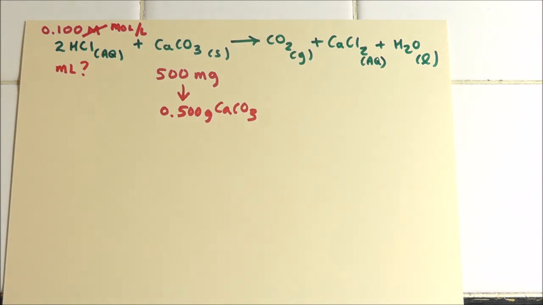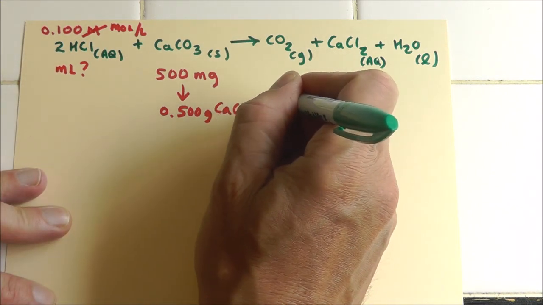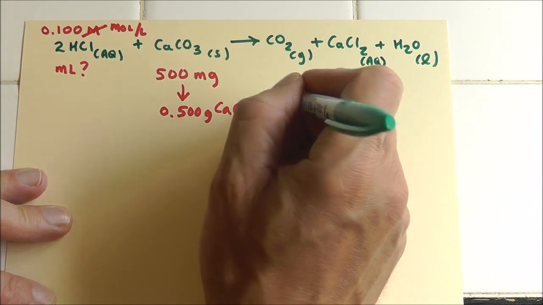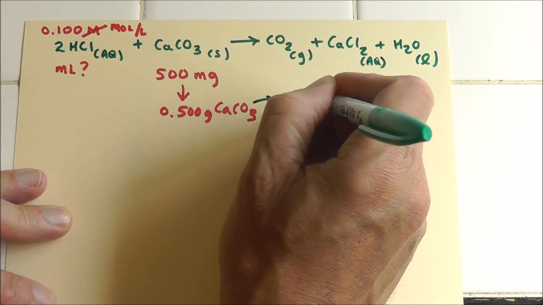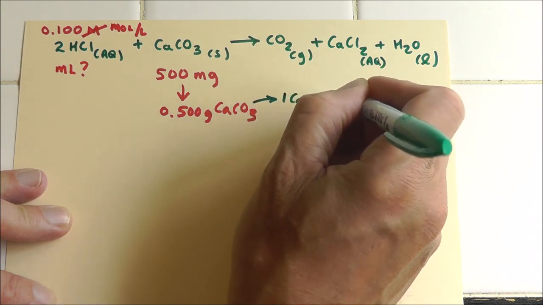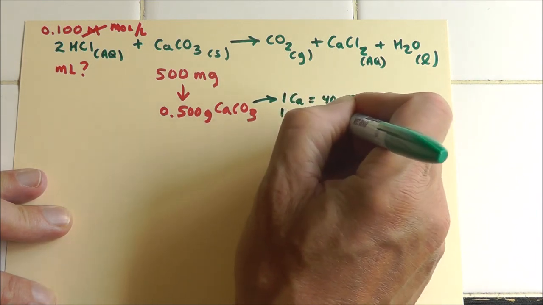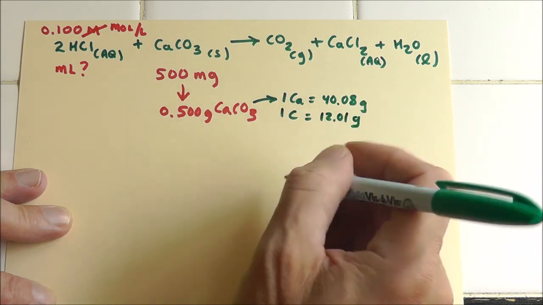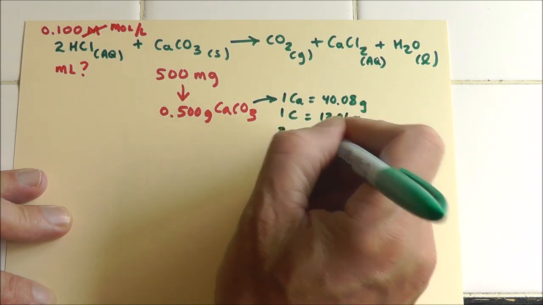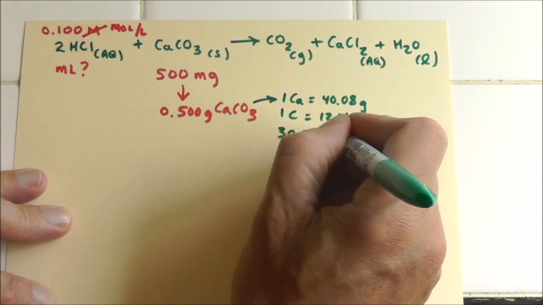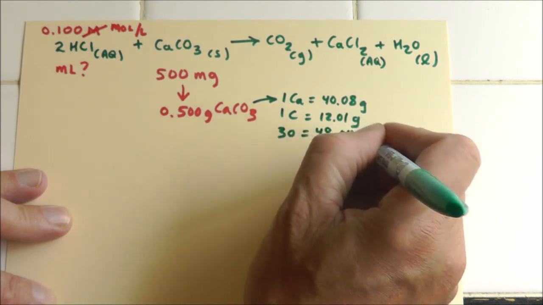If you do a little bit of legwork with your periodic table, grab it right now. We've done this to death, so I'm going to go kind of quick. 1 calcium is 40.08 grams. 1 carbon is 12.01 grams. 3 oxygens are 16 apiece, that's 48.00 grams.